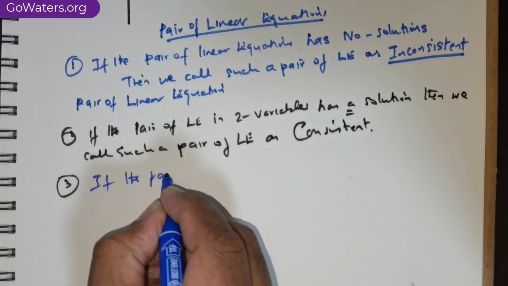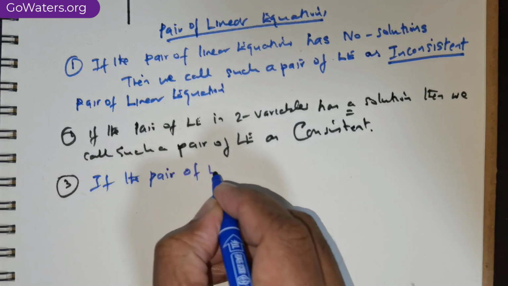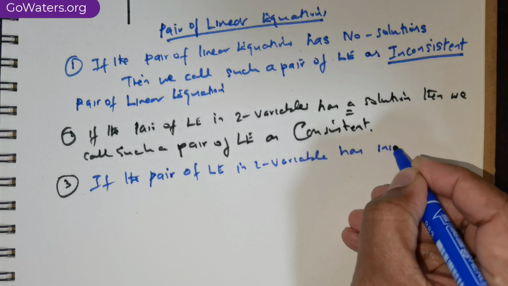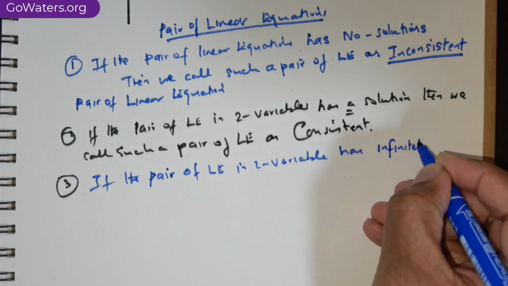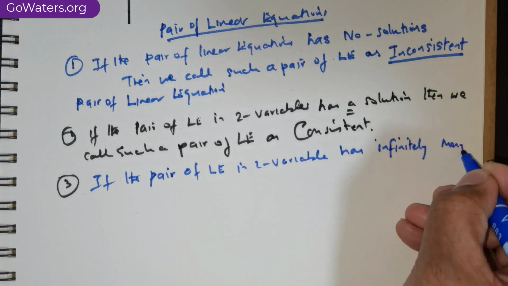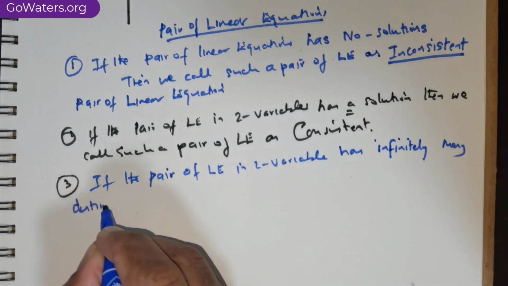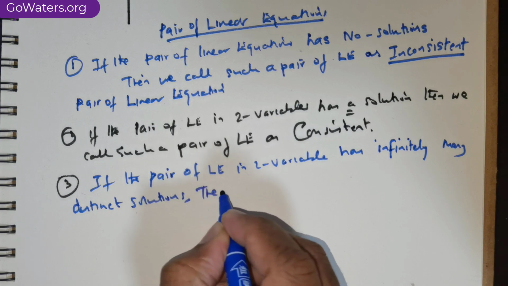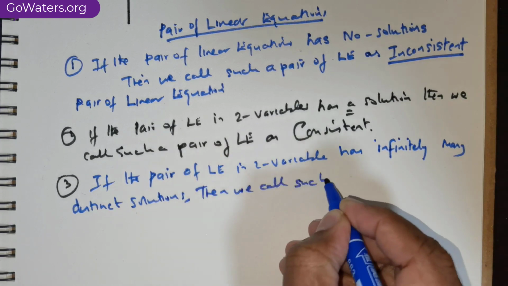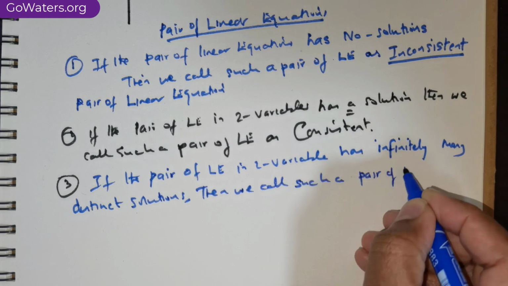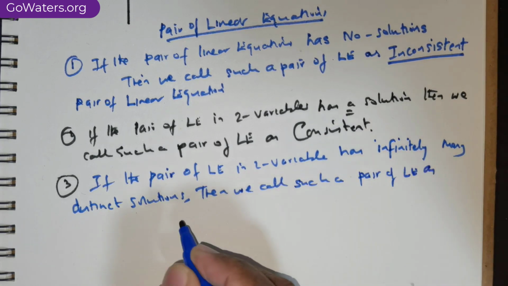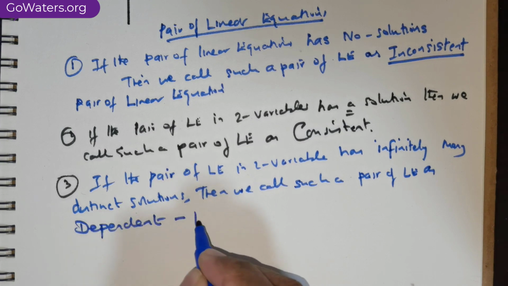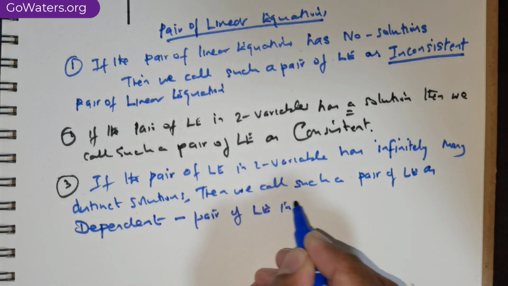Number 3, on the other end, if the pair of linear equations in two variables has infinitely many distinct solutions, then we call such a pair of linear equations a dependent pair of linear equations in two variables.